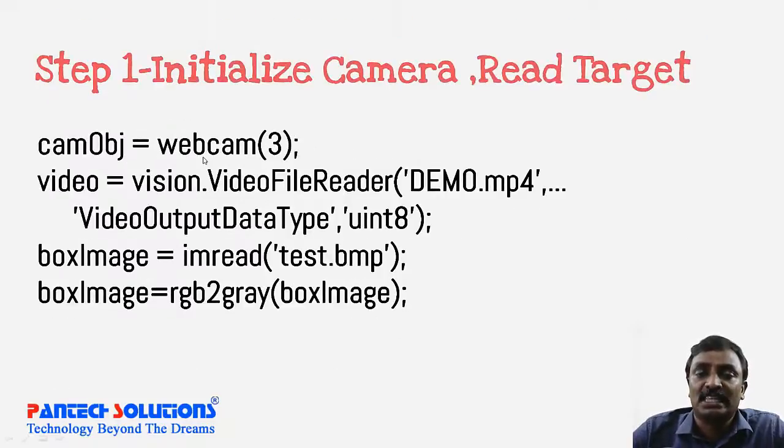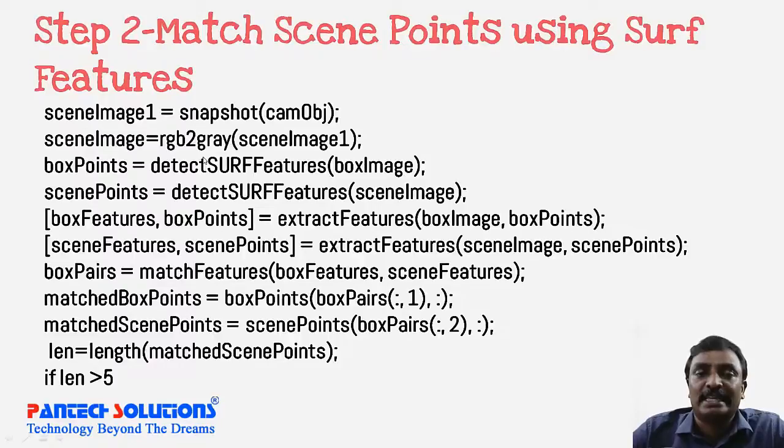Here we have initialized only the webcam, and here we are getting the frame from the camera. RGB to gray will convert this frame to grayscale. So we are converting both the target and the frame to grayscale because the SURF features will work only for the grayscale image, not for the color image.